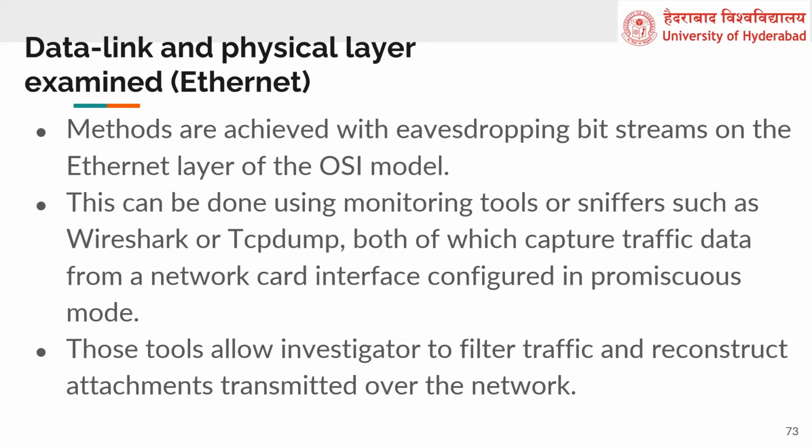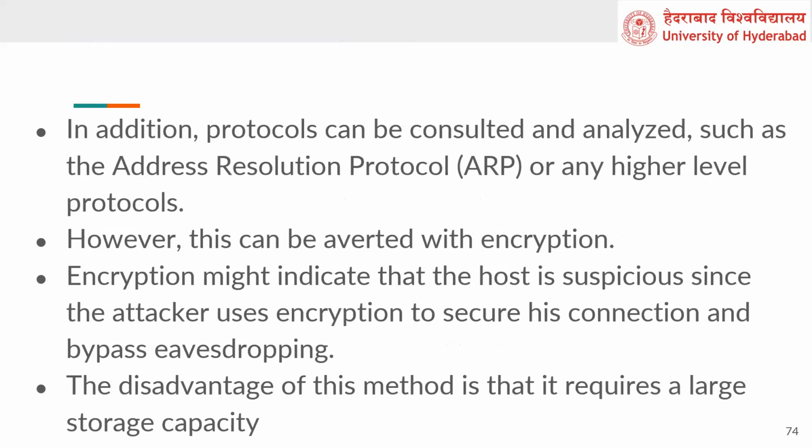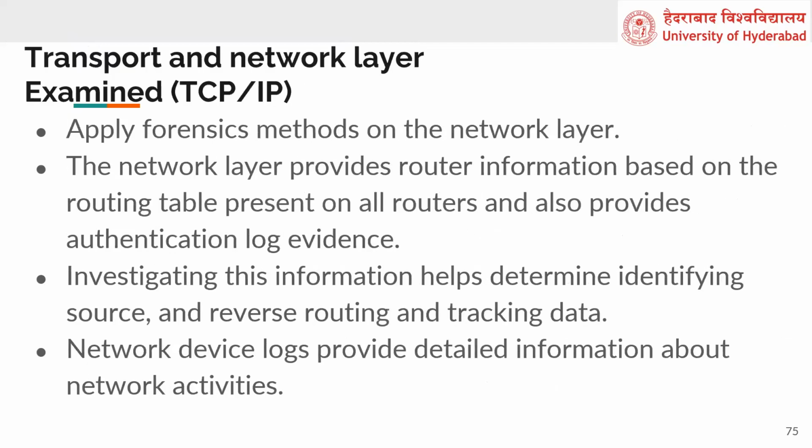So it has to be put into promiscuous mode while collecting the data. At the network and transport layers, devices like routers and other network layer devices can be contacted and used to collect the log evidence.